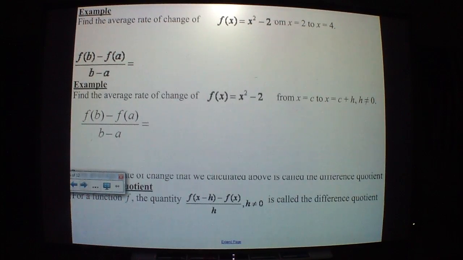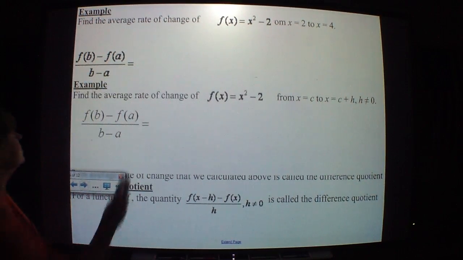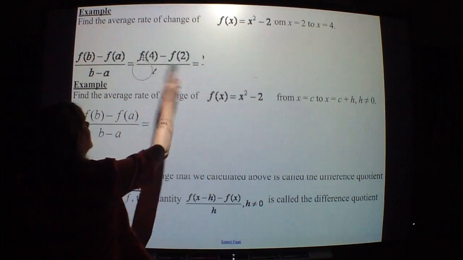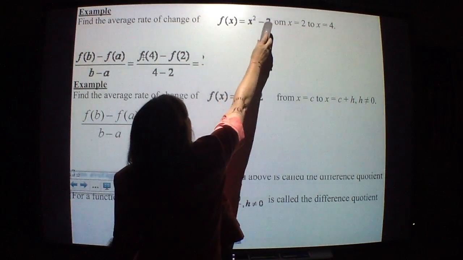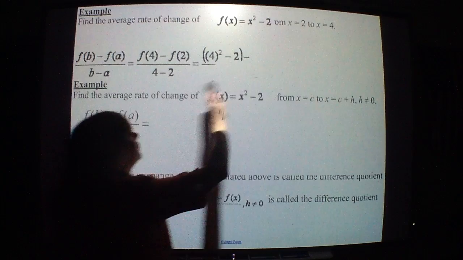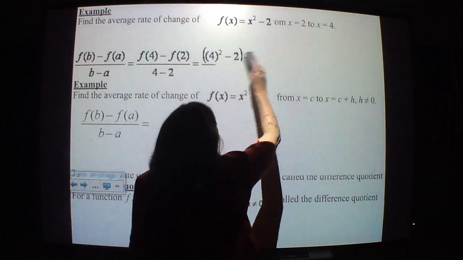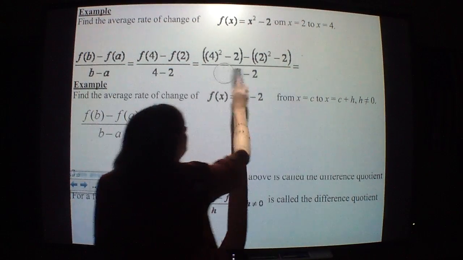So find the average rate of change of f of x equals x squared minus 2 from x equals 2 to x equals 4. So I want to find f of 4 minus f of 2 over 4 minus 2. That's what I want to do. So f of 4, if I plug it in, is 4 squared minus 2. f of 2 is 2 squared minus 2, over 4 minus 2, or 2 on the bottom.